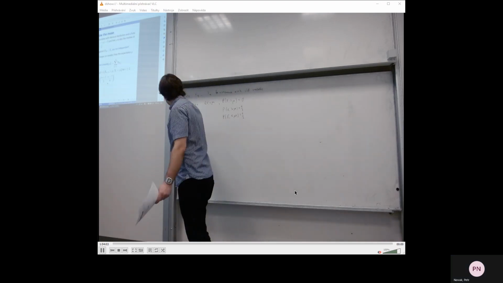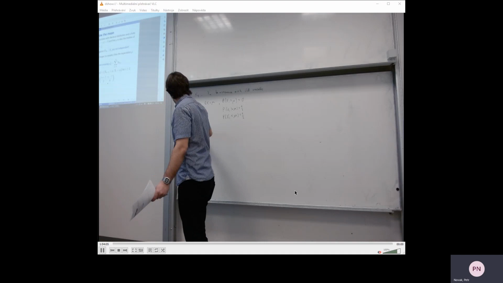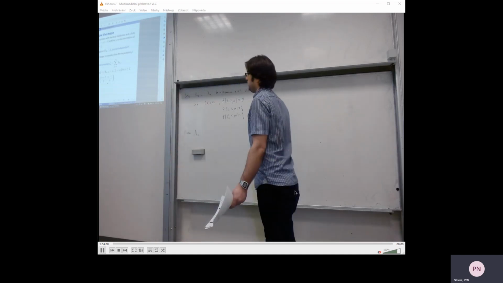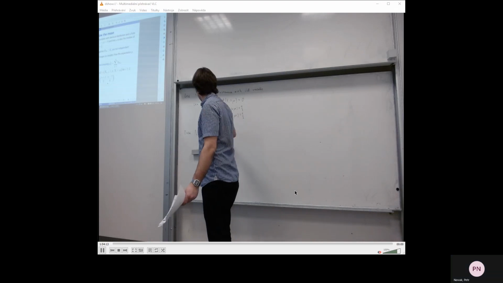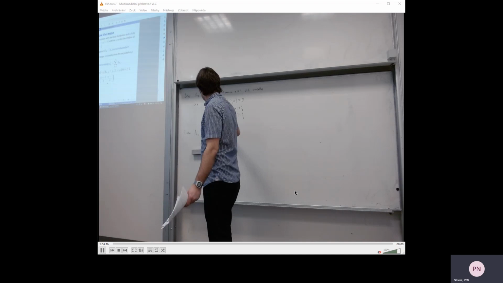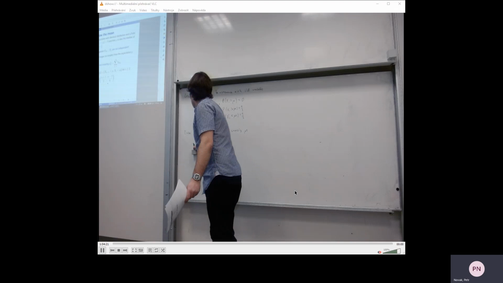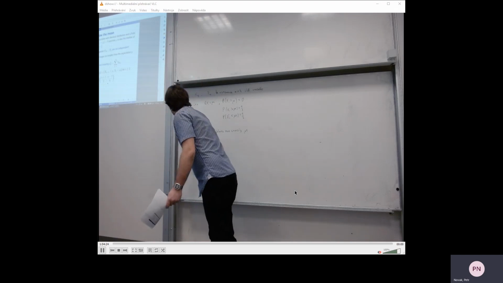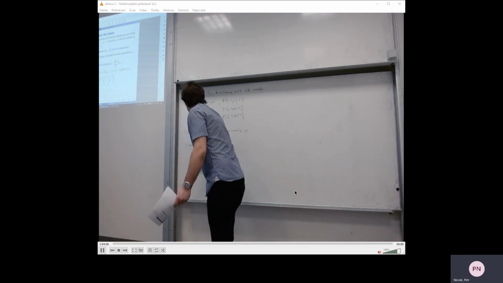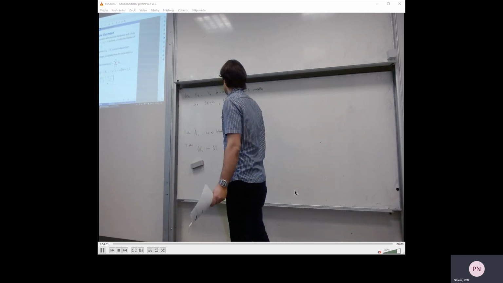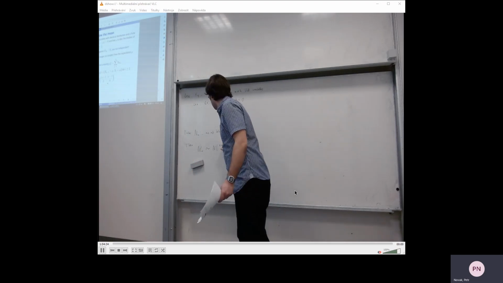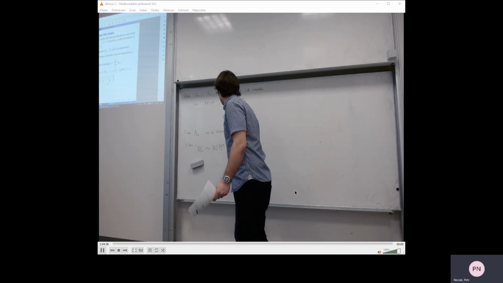Then, if we take N_n, as the number of blocks not crossing mu, then the N_n has asymptotically, for large n, the normal distribution N with parameters (n plus 1)/2 and (n minus 1)/4.